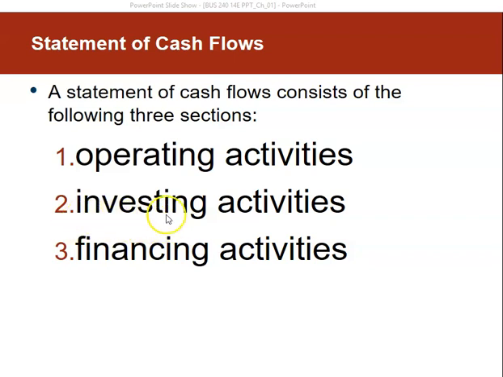We might decide that we're going to go out and invest in some land. If you recall from our Net Solutions example, our second transaction was one where we spent $20,000 on land. That would be a cash outflow that was an investment in that land.